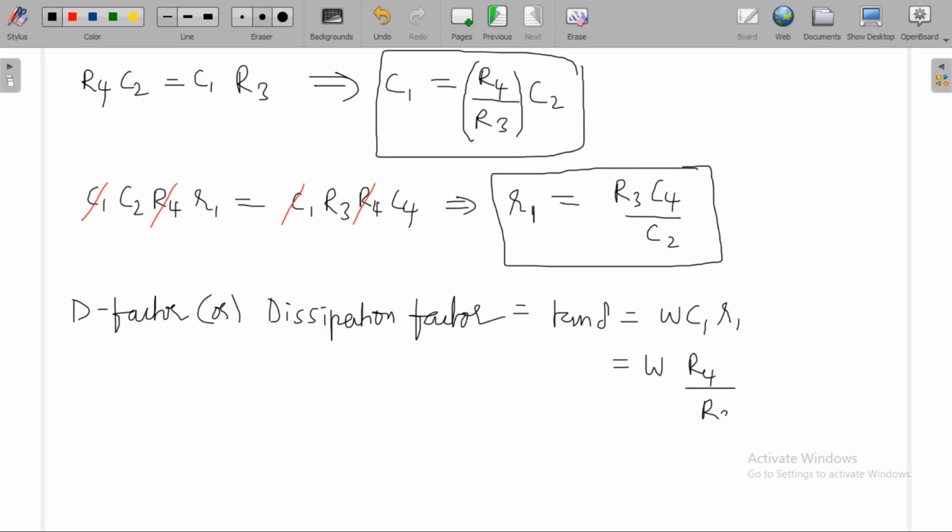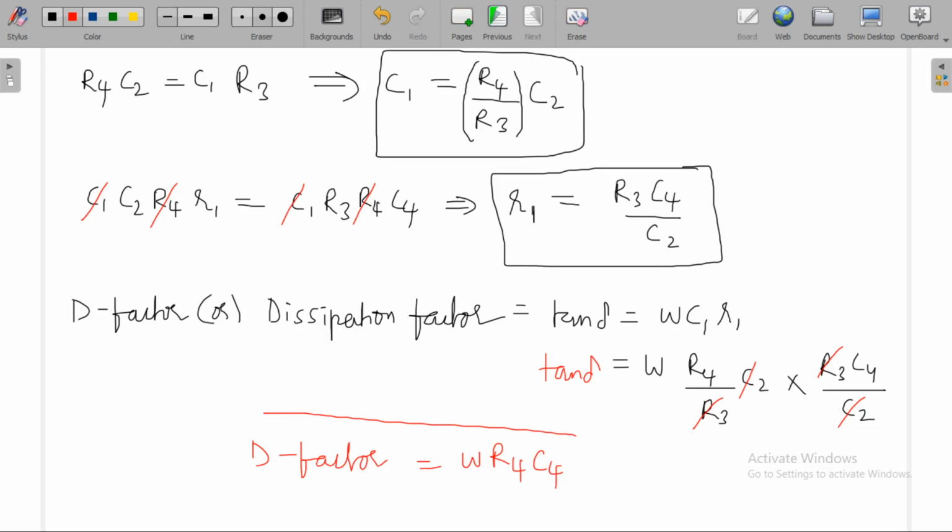R4 by R3 into C2, into what is R1? R3 C4 by C2. Then you are going to get tan delta, the dissipation factor, D factor, is equal to omega R4 C4.